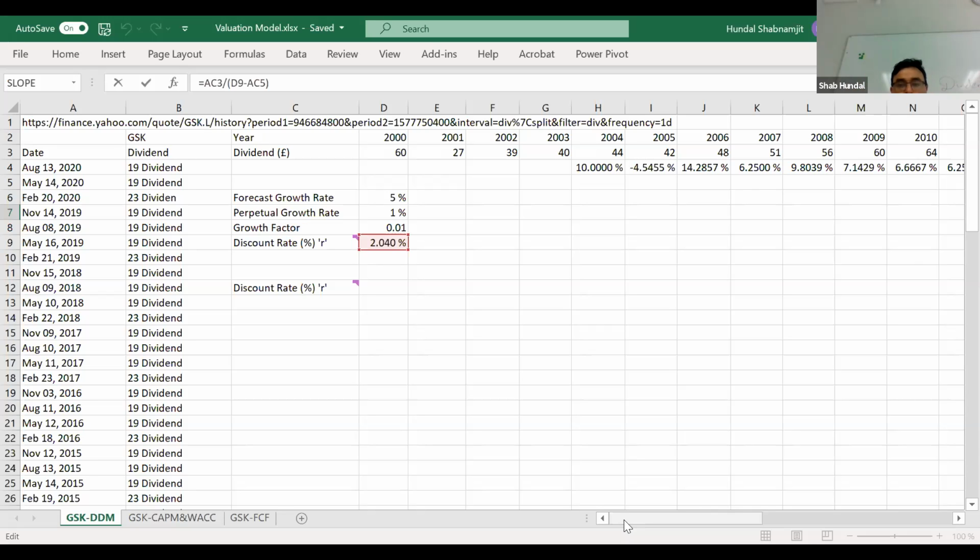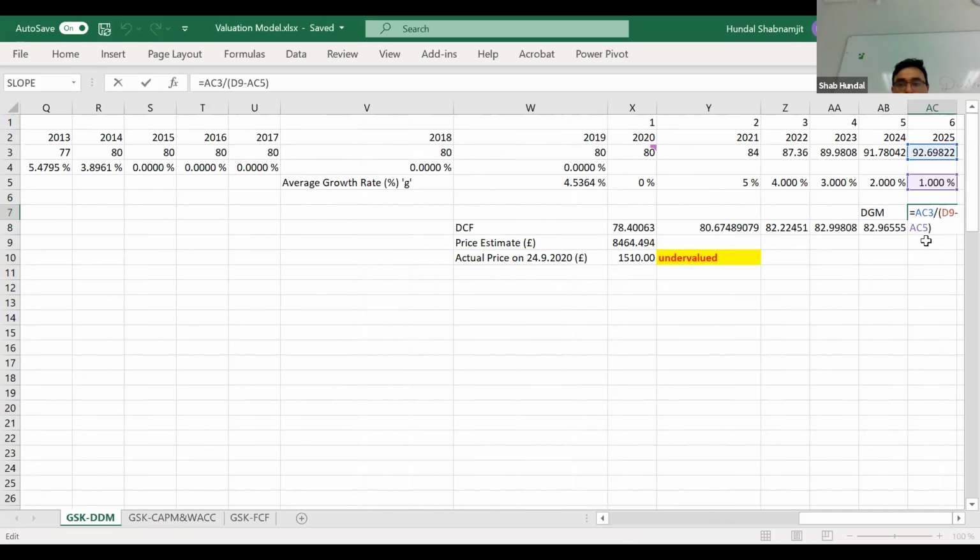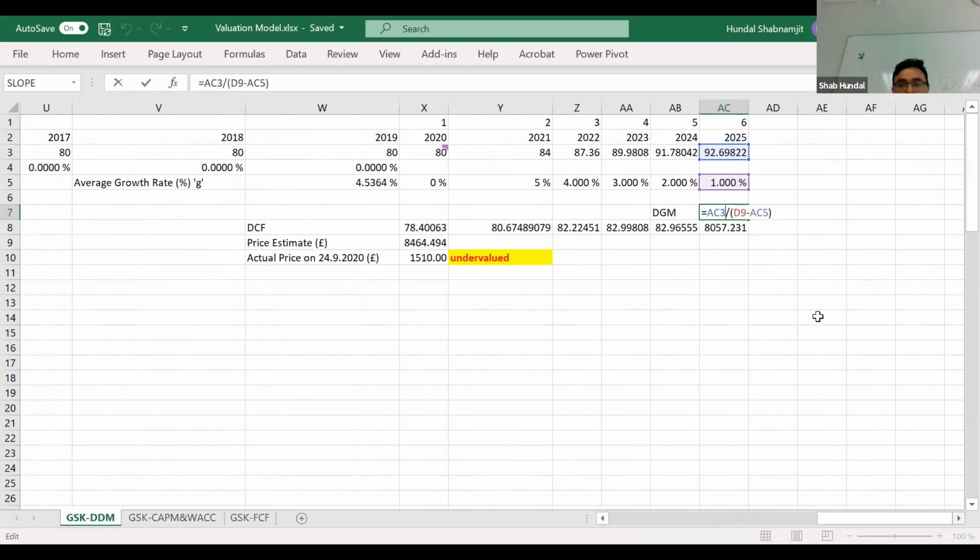And then what we do, we use it in the formula. And what is AC5? AC5 is 1%. Can you see? This is the rate of growth of dividend in 2025. And when we put it back, we get 8913.29. This is the expected price of GlaxoSmithKline stock in which year?